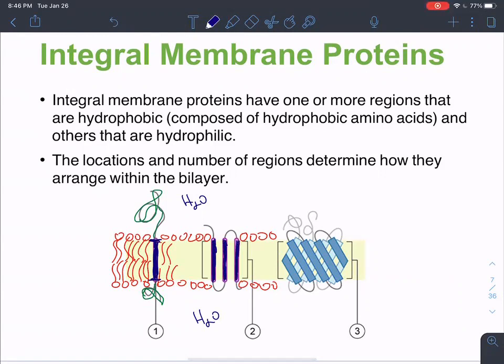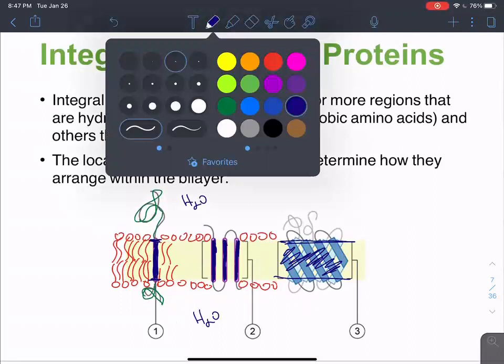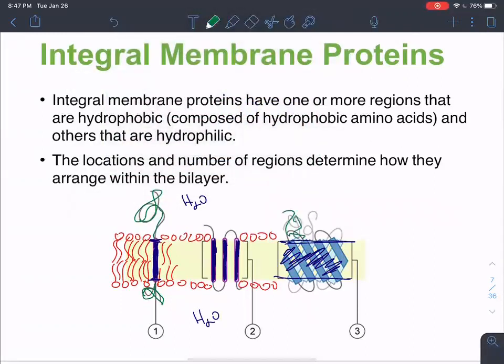Okay, so all those that I just drew are hydrophobic amino acids. All these beta pleated sheets in the middle right here are comprised of amino acids that are hydrophobic. All these little wispy ends out here on the outside are comprised of hydrophilic amino acids. They love water, so they can be in contact with it. All right.